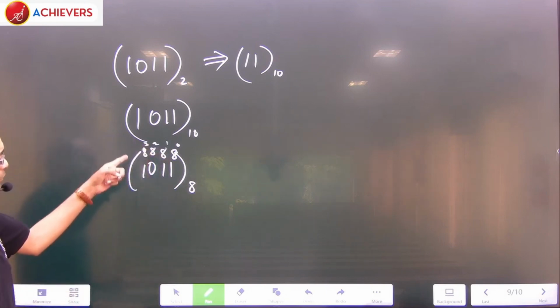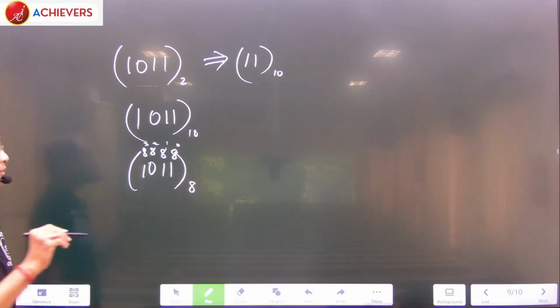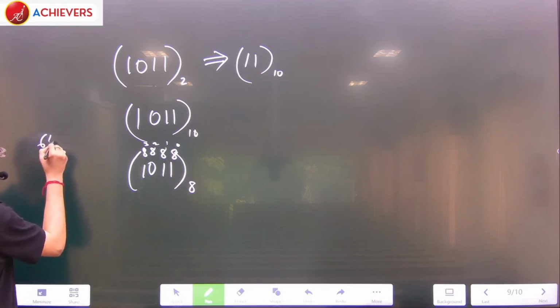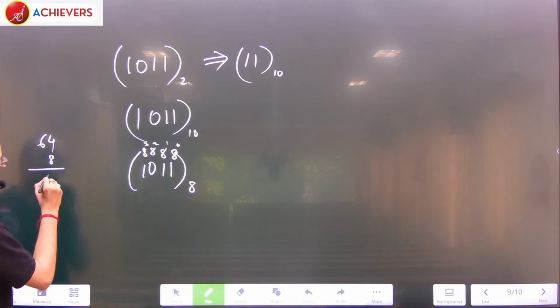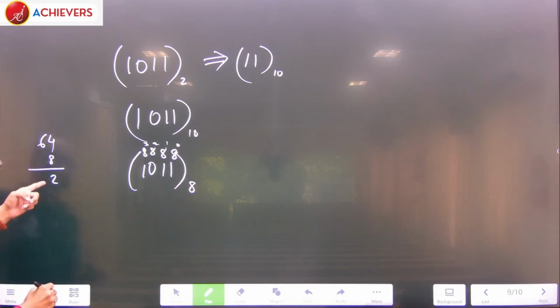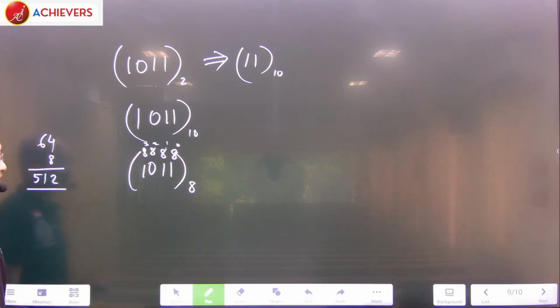So 1011 means 1 into 8 to the power 3, that means 8 into 8 into 8. 64 is 8 square, into 8 is 512.